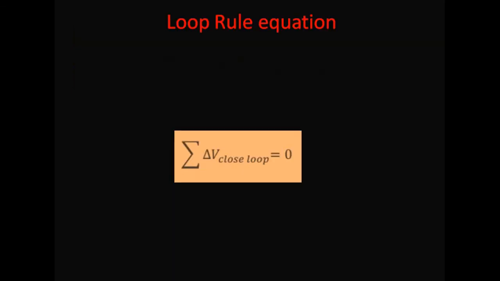Now, suppose you want to have an equation or a mathematical relationship to describe Kirchhoff's second rule or loop rule. You can use this one: sigma delta V over the closed loop equals 0.